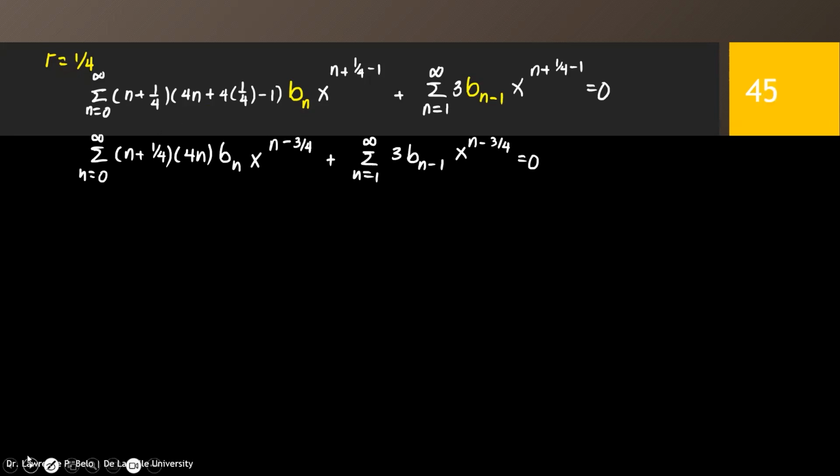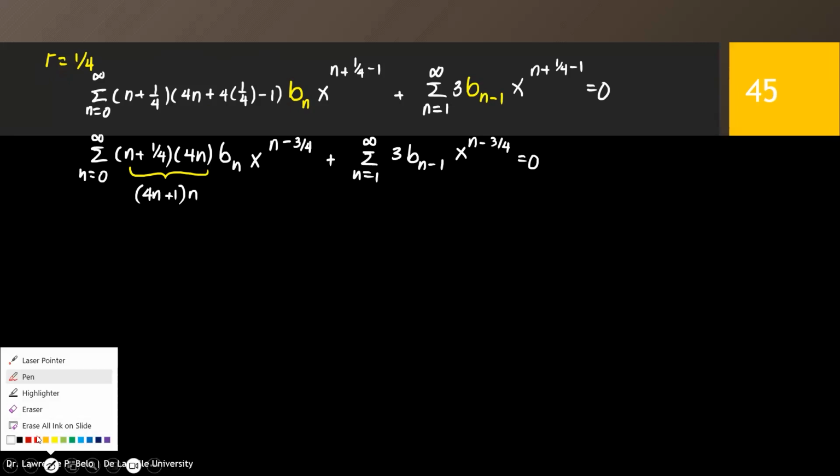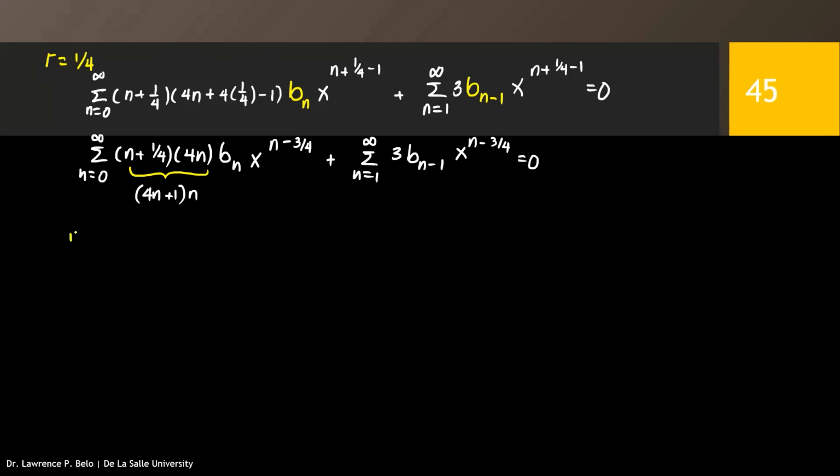actually here, you can still simplify this, that becomes 4n plus 1 multiplied by n. So I place the 4 in the front. So here, let's answer.